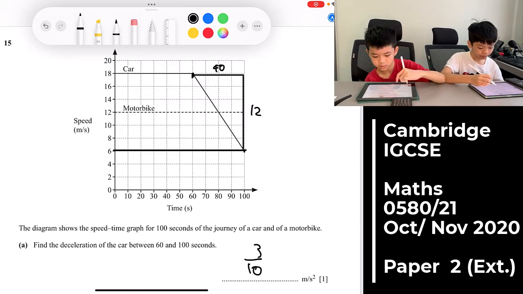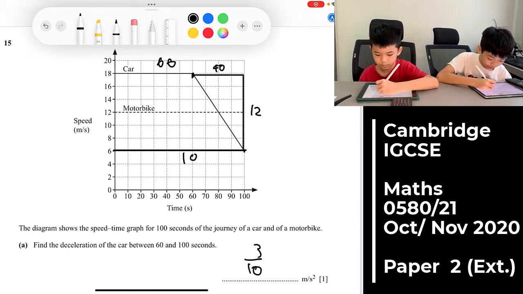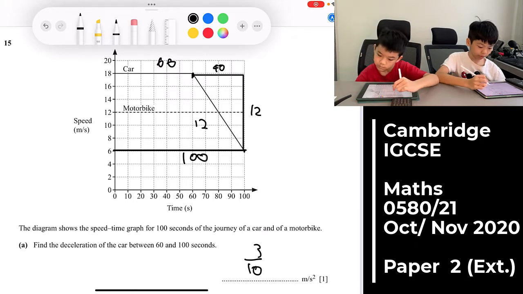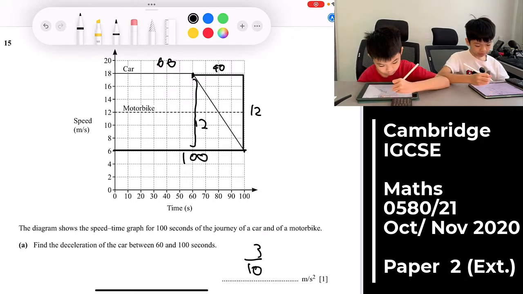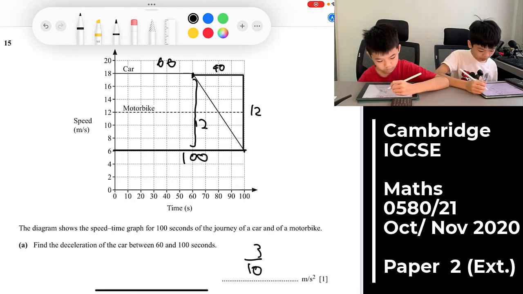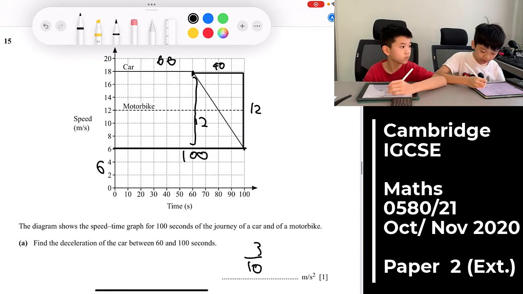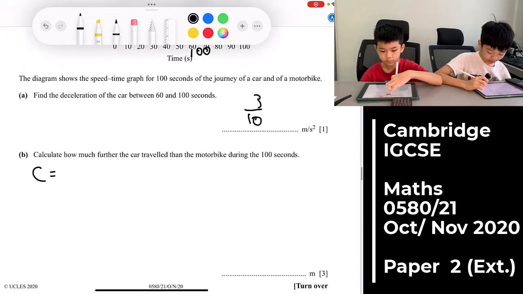The car section, this is 60, this is 100, and the height here is 12. This is 6, this is 100. That's all we need to know for this.